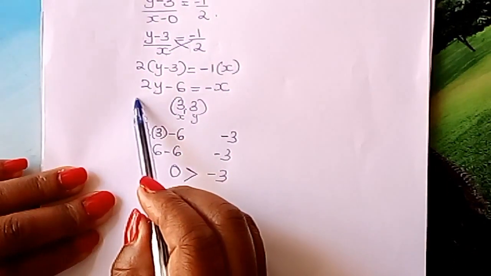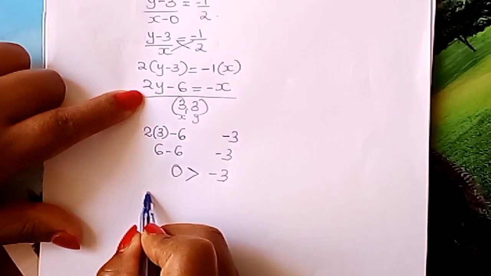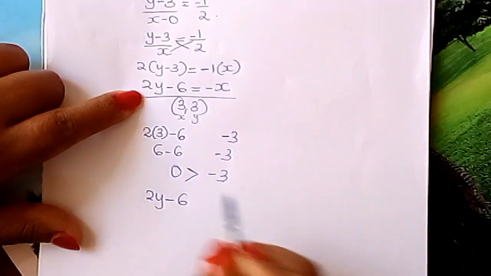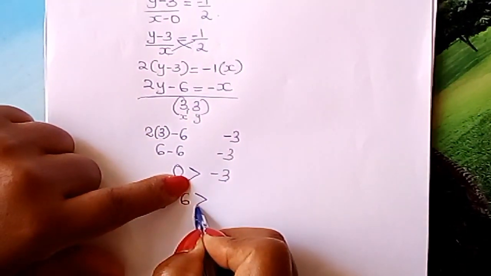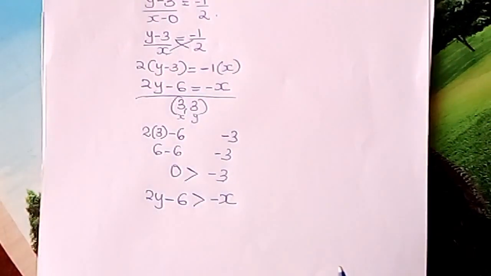So you go back to your equation here, and how do you write it? You write that the left-hand side that gave us 0 here is greater than negative x, the right hand side.